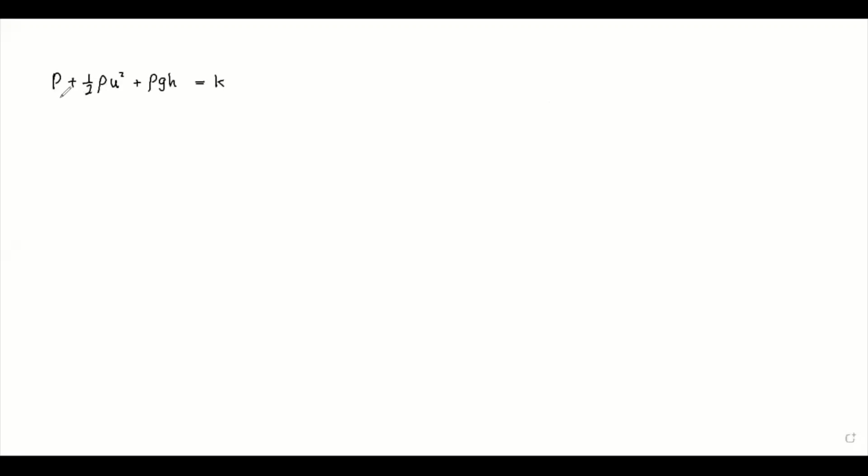This is the Bernoulli's equation. P plus half rho u squared plus rho gh is equal to K. Here K is a constant. P is known as the static pressure of the liquid.